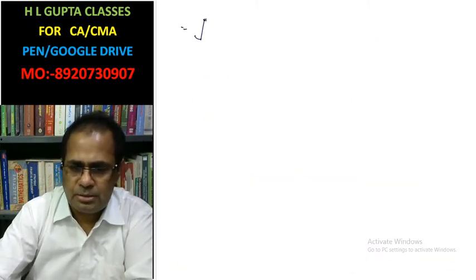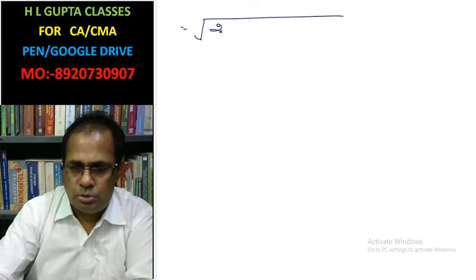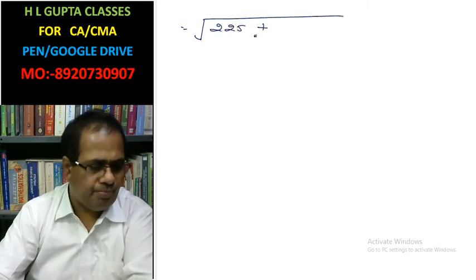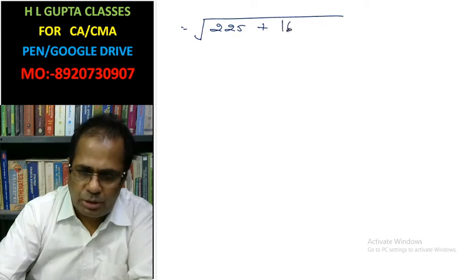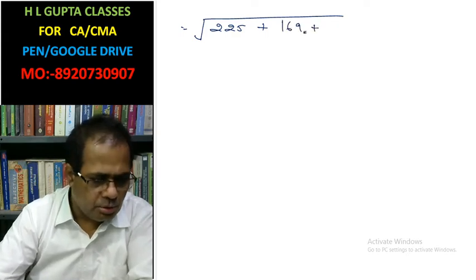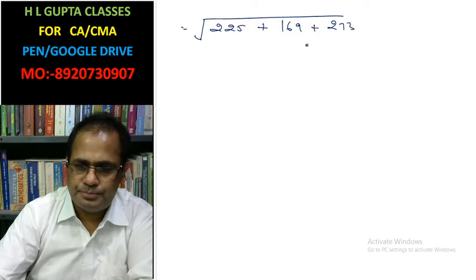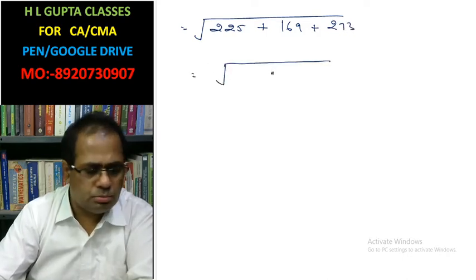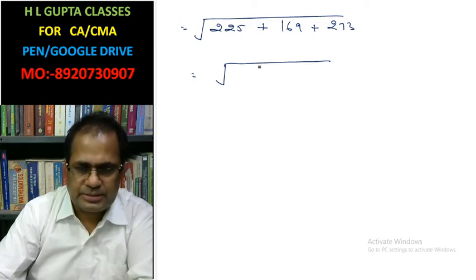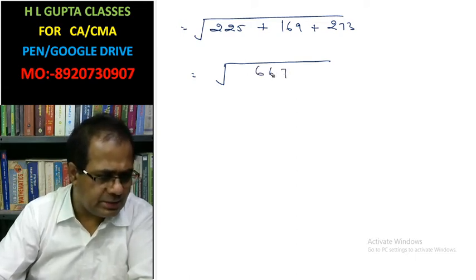In this case, 225 plus 169 plus 273, total root 667.